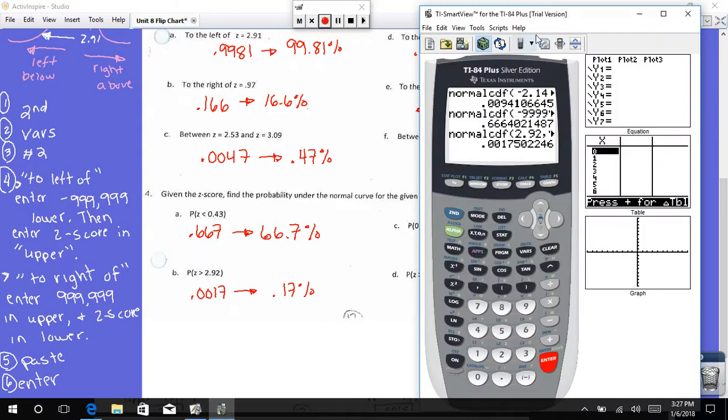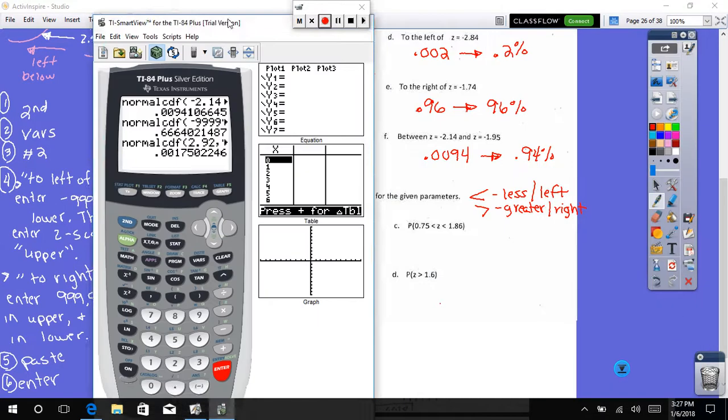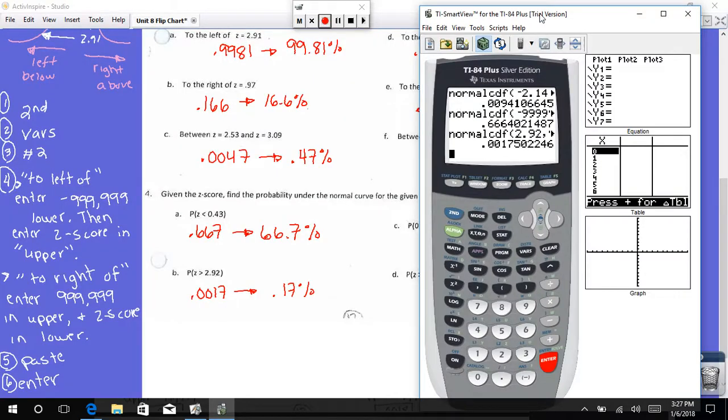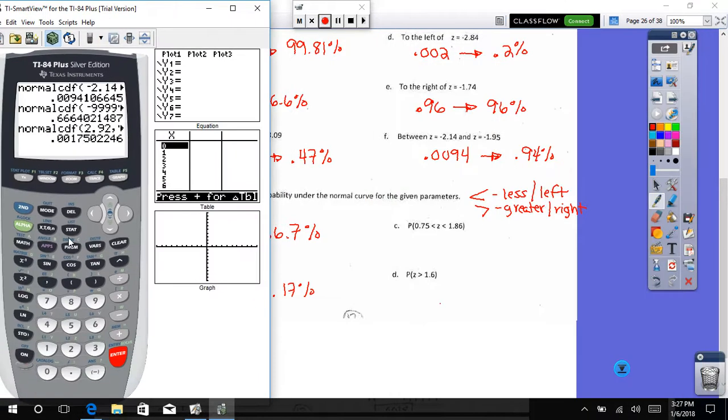Okay, last two and then we are done. I have my in-between here, my favorites, easiest to do. I'm looking for a z in between 0.75 and 1.86.